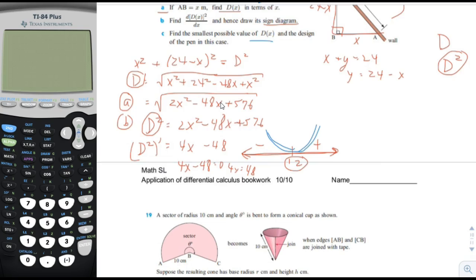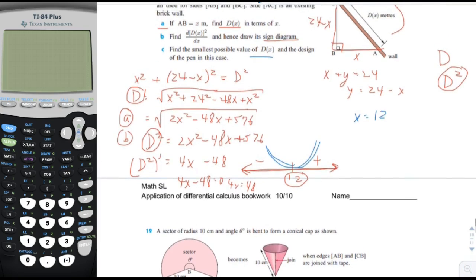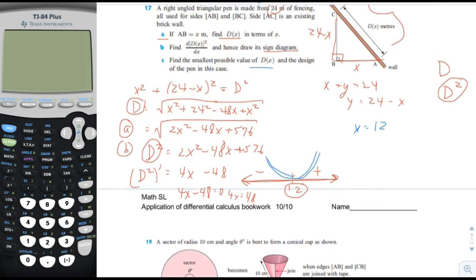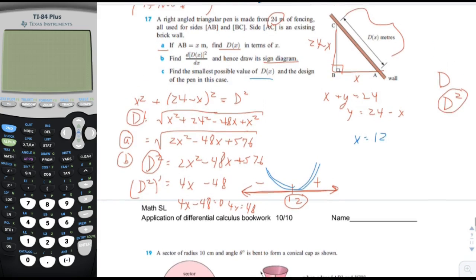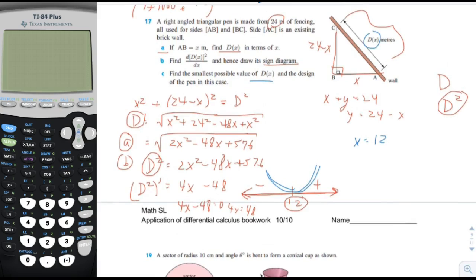Okay. So the value x equals 12 minimizes the value of capital D.